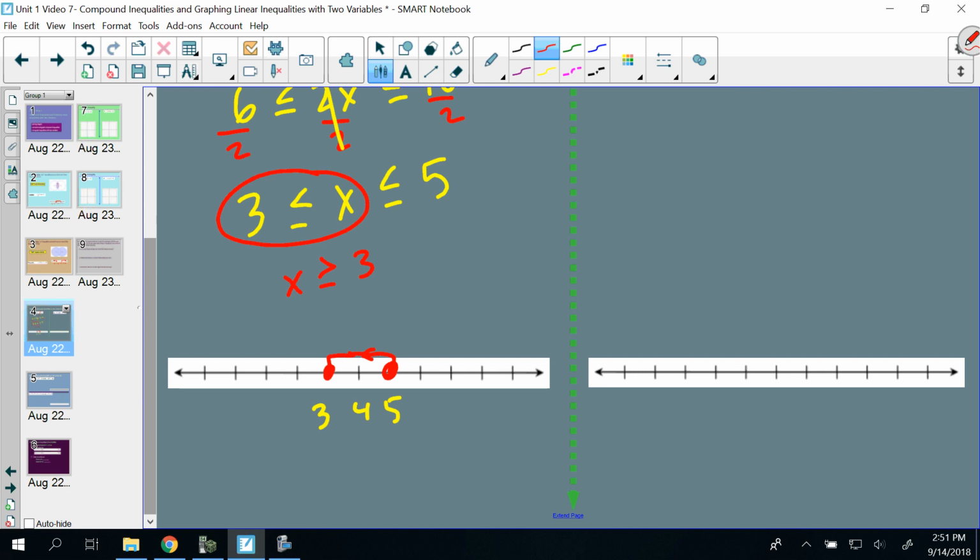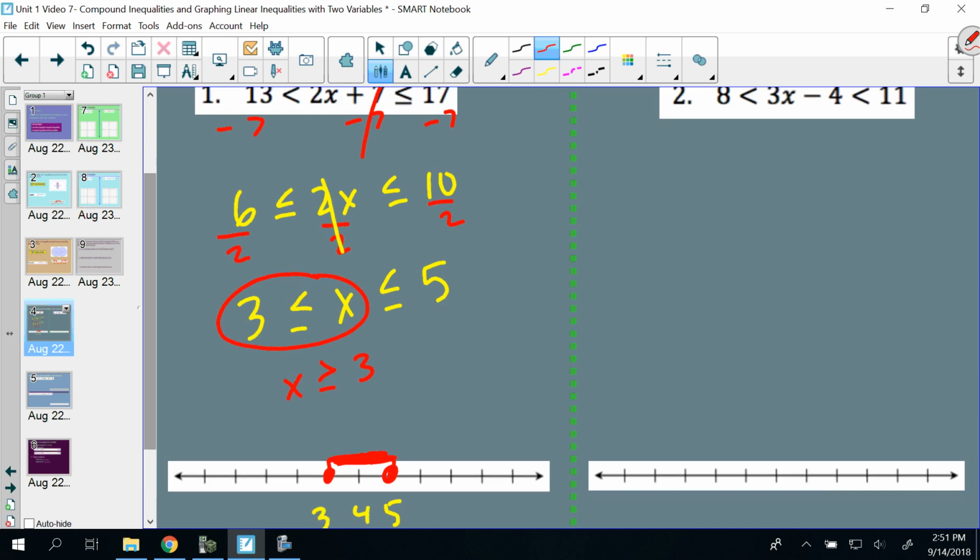This arrow should be going this way. So this one ends up being all the points in between 3 and 5. Okay, so be careful on these ones when they're written like that. Sorry about that. I think I misread this here. This side was not equal, so this should be an open circle at this one.